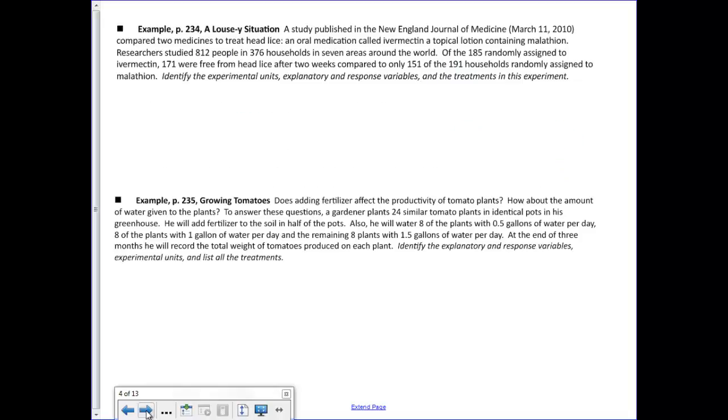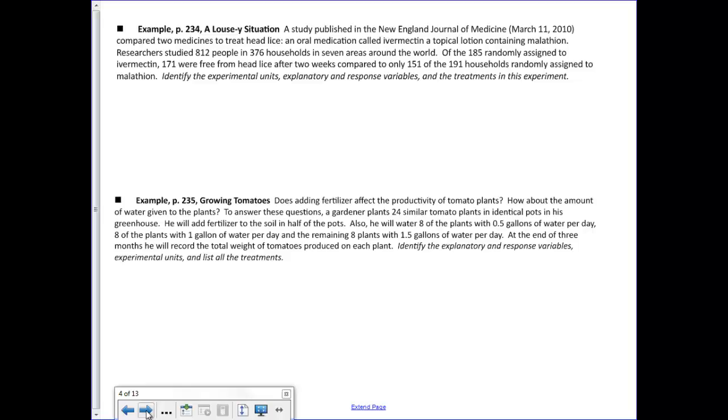Your first example, bottom of the page there. A study published in the New England Journal of Medicine compared two medicines to treat head lice. This question just grosses me out, but an oral medicine called ivermectin, and a topical lotion containing malathion. Researchers studied 812 people in 376 households in 7 areas around the world.